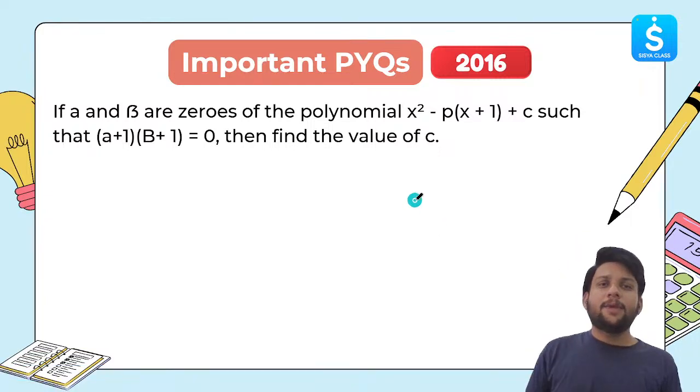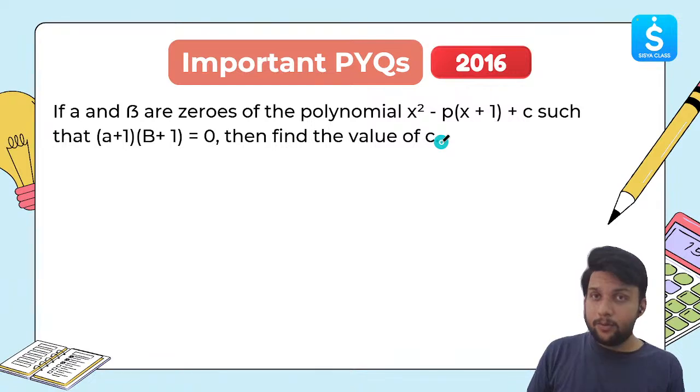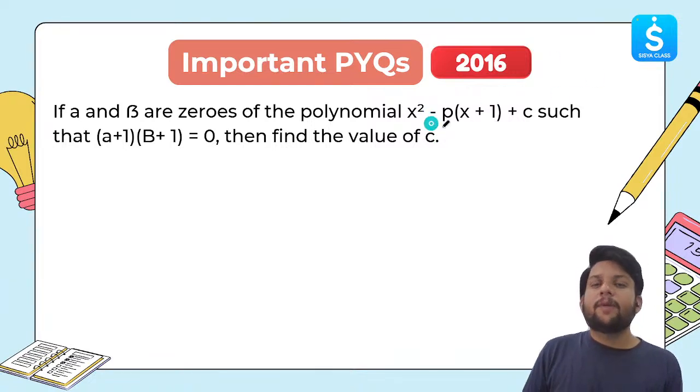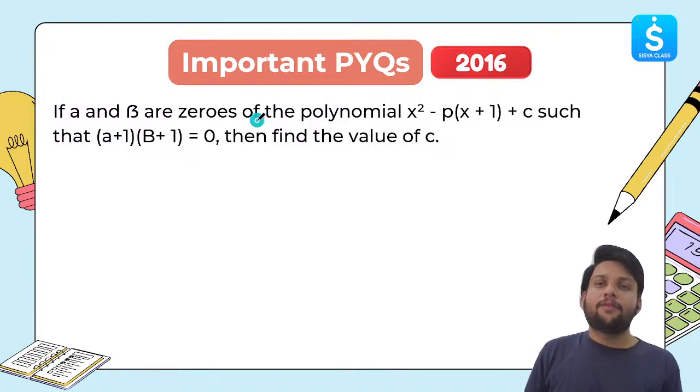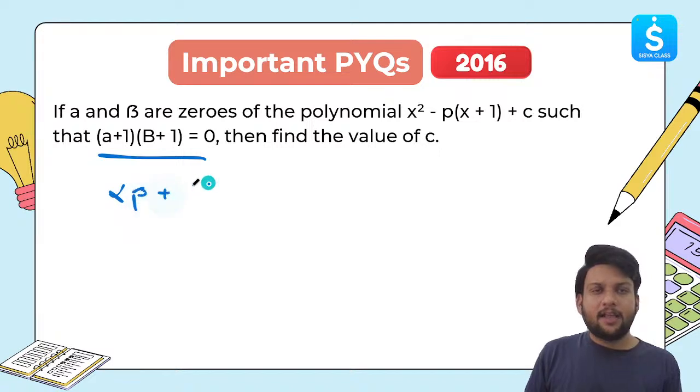Now what do we have? If alpha and beta are the zeros of the polynomial x square minus px plus 1 plus c, this came in 2016 by the way, such that alpha plus 1 times beta plus 1 is 0, we have to find the value of c. If I have no idea, I will just simplify this. I will get alpha beta plus alpha plus beta plus 1 equals 0.